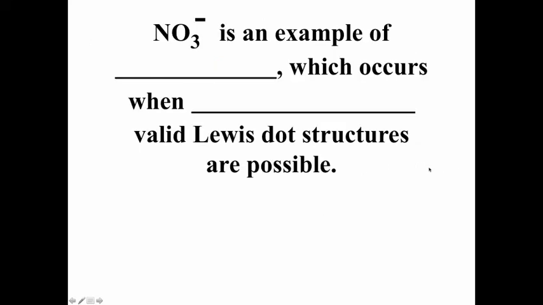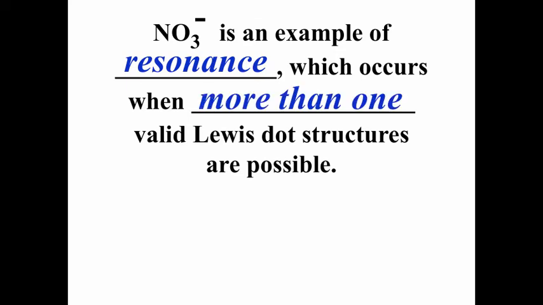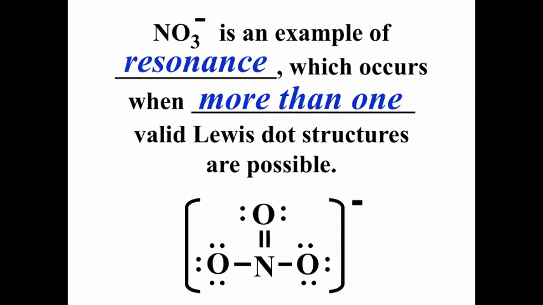Now note that this is an example of what is called resonance, which is what happens when there's more than one way to draw a valid Lewis dot structure for a particular molecule, or in this case ion. And in the case of NO3-, the double bond could have been to what we'll call for now the top oxygen, but you could have equally drawn a double bond to the right oxygen or to the left oxygen.